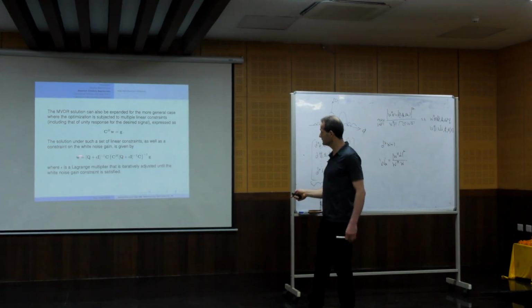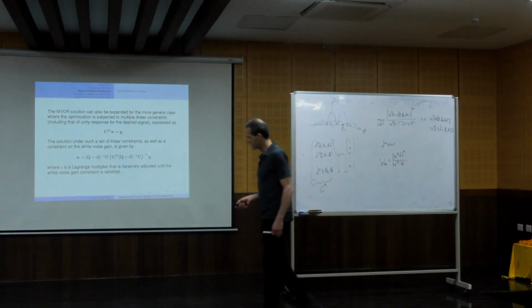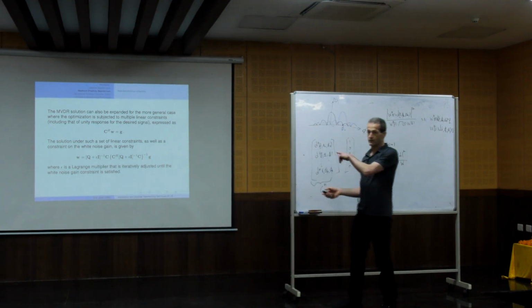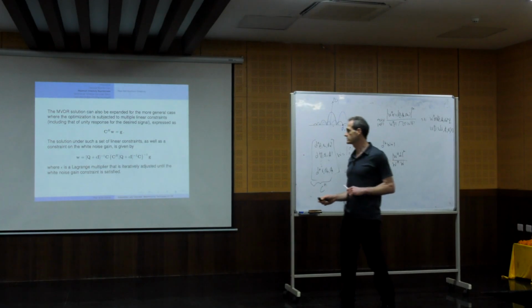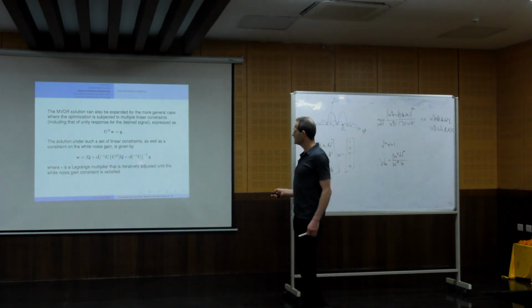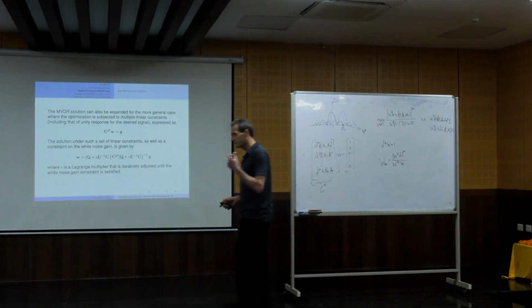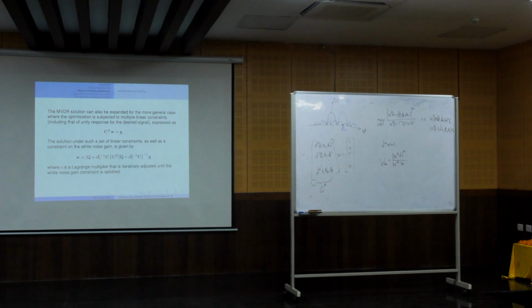This is the solution, and we can put some epsilon here, larger than 0, such that it will also satisfy the white noise gain constraint, so the white noise gain will be higher than a certain threshold. This solution is called the robust LCMV, linearly constrained minimum variance beamformer. Why do we call it robust? Because we also have a constraint on the white noise gain.